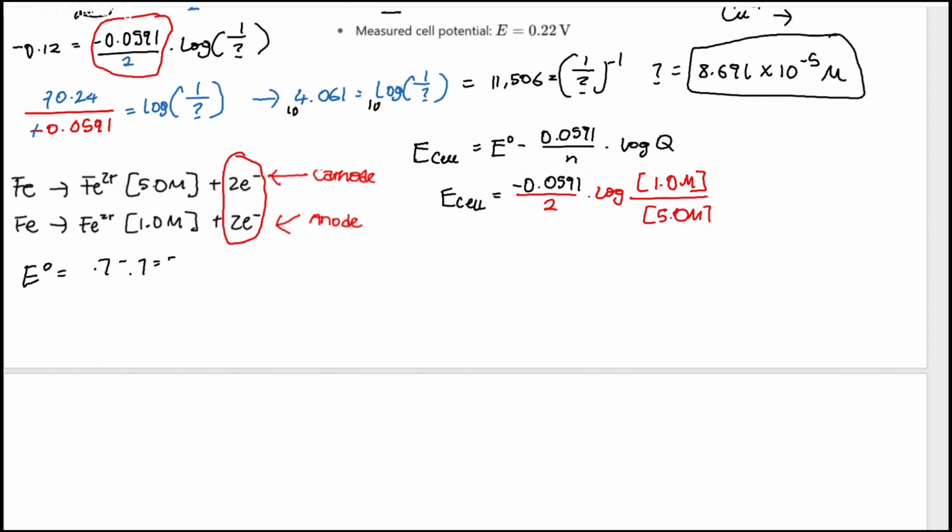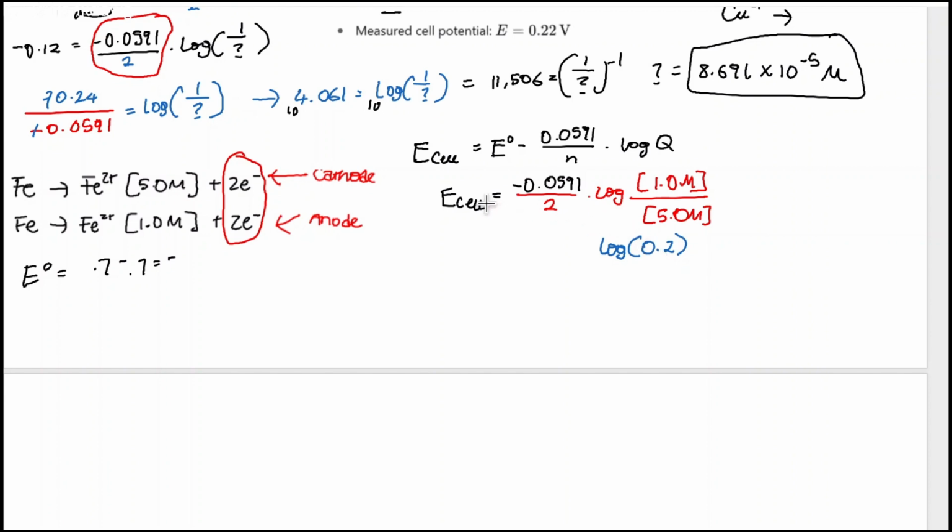And we can just plug this into the calculator. One thing to know before I do is another reason to remember why it's the lower over the higher in terms of Q: this is going to turn out to be log of 0.2, because 1 over 5 is 0.2, and log of any number less than 1 is a negative number.